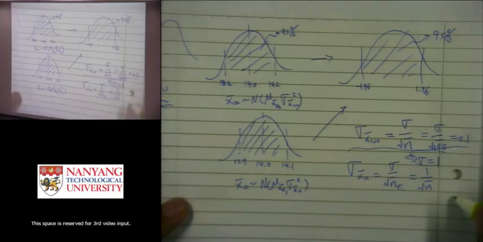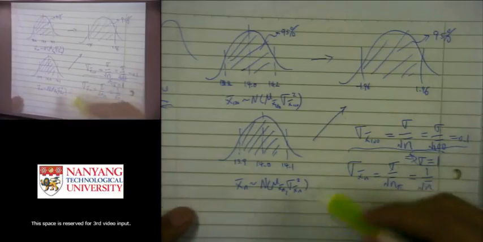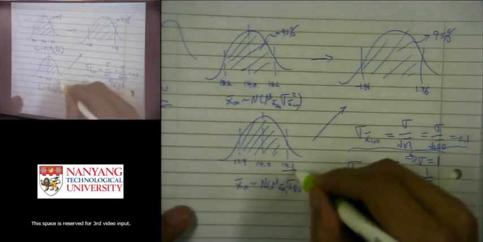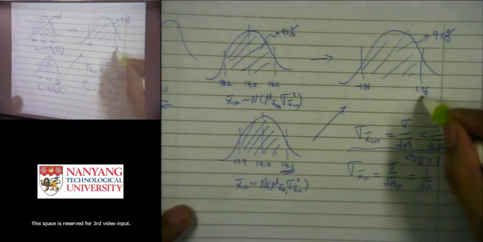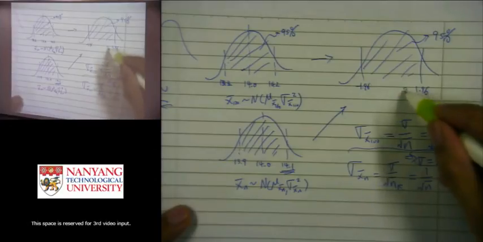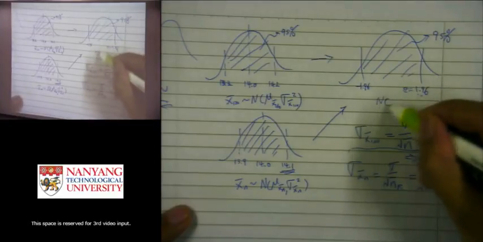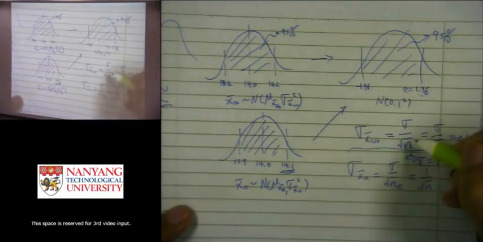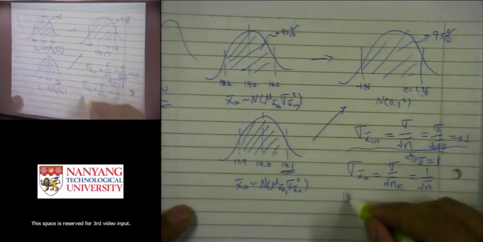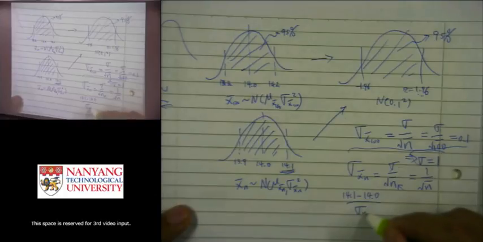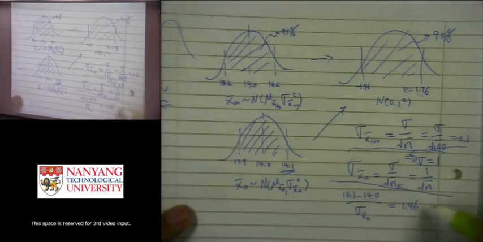Is this clear? And we know that here 14.1 corresponds to the standard normal distribution z equals 1.96. So 14.1 minus 14.0 divided by sigma X bar n equals 1.96, right?